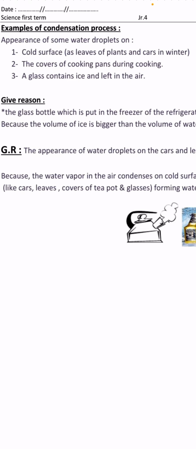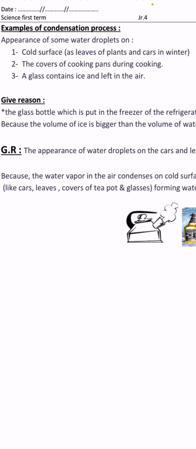We can see drops of water on the covers of cooking pans during cooking, and on a glass containing ice left in the air. Why do we see these drops of water? Because the water vapor in the air condenses by cooling and changes into water.